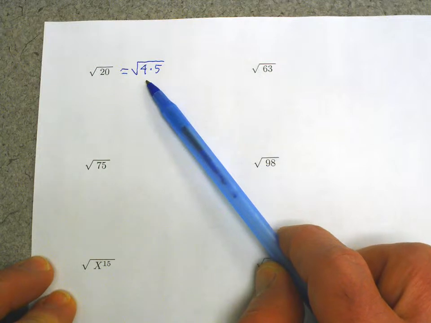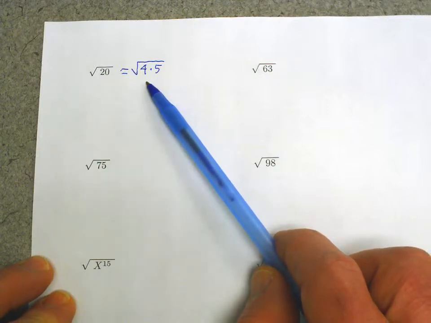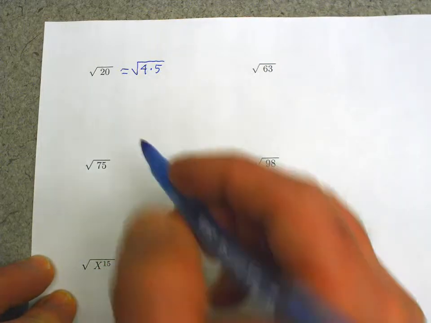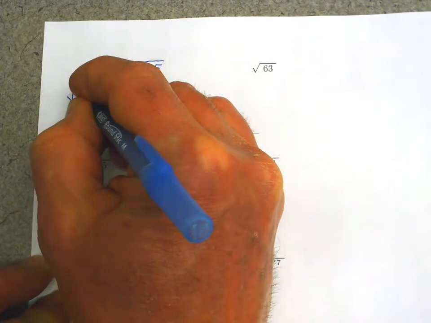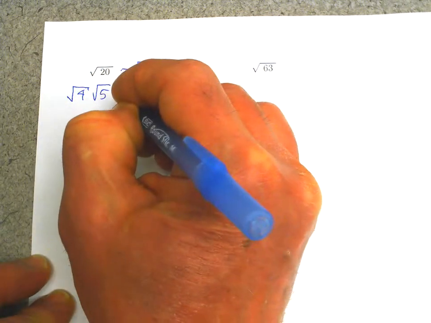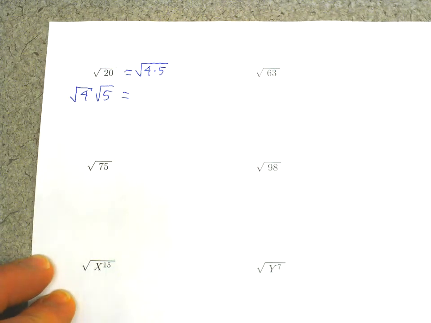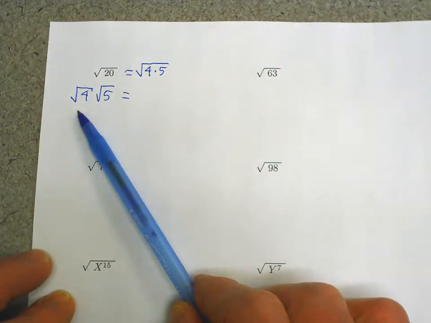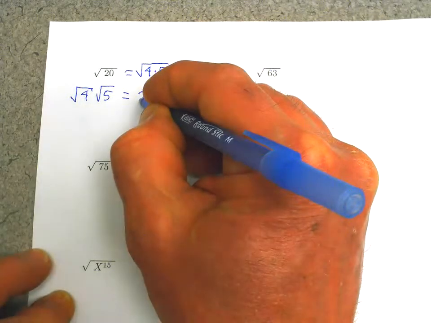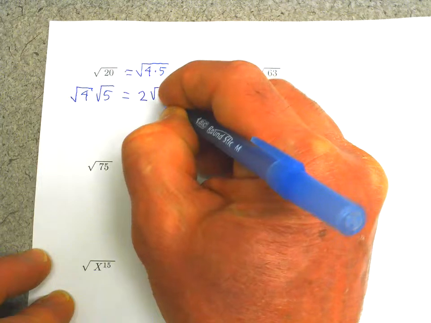Now we apply the product property of square roots. The square root of 4 times 5 can be written as the square root of 4 times the square root of 5. And then we simplify the square root of 4, which is 2, and our final result is 2 times the square root of 5.